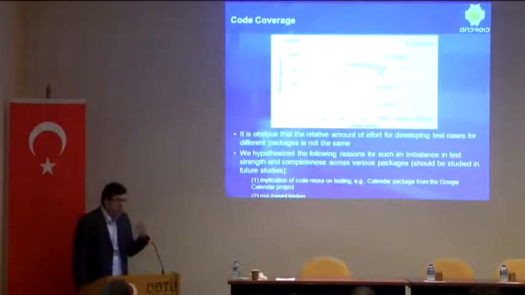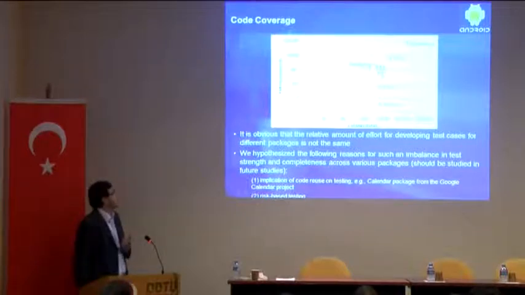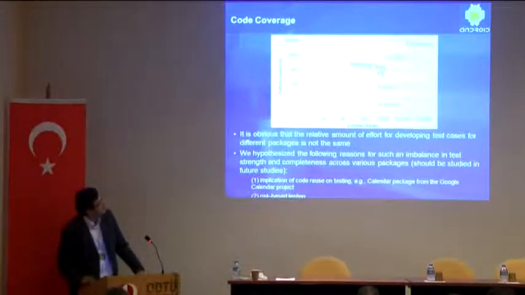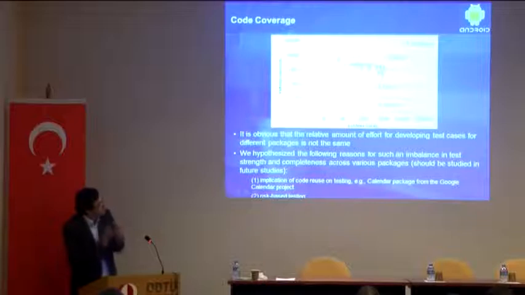These again come with coverage. This shows the number of lines of code, in logarithmic scale. This is about 10,000 lines, for example, for calendar, and this shows the number of lines covered by the automated tests. When we look at it, you see a variable trend. It's not that homogeneous.